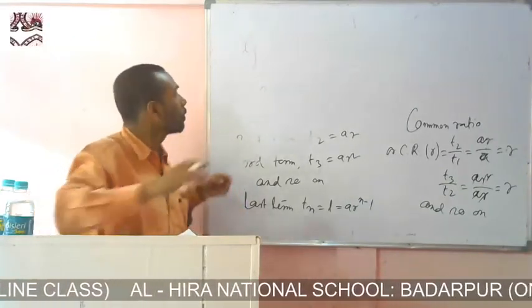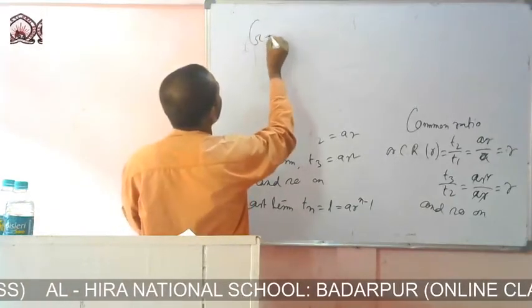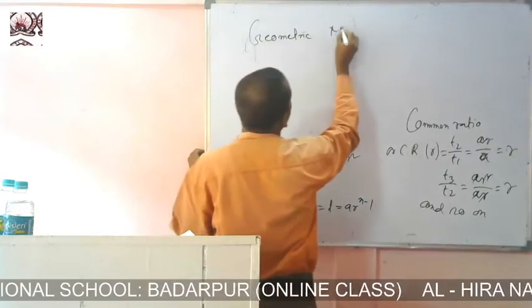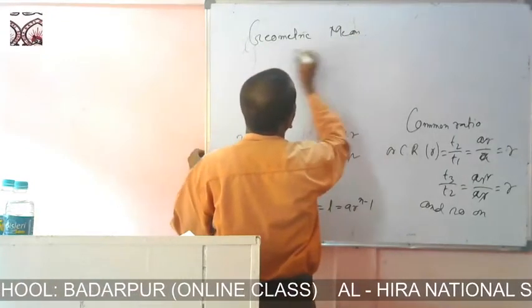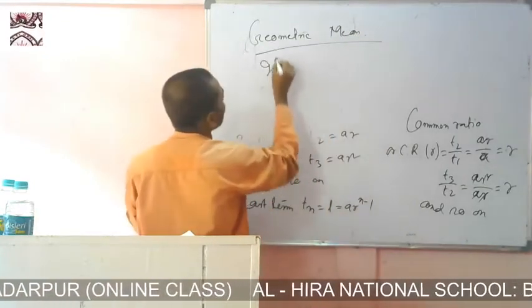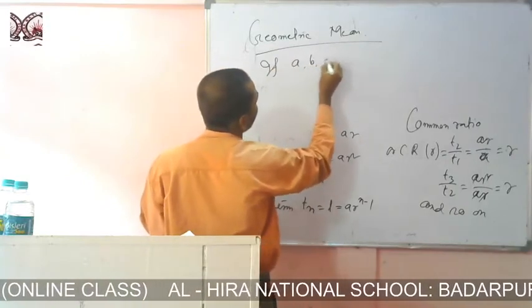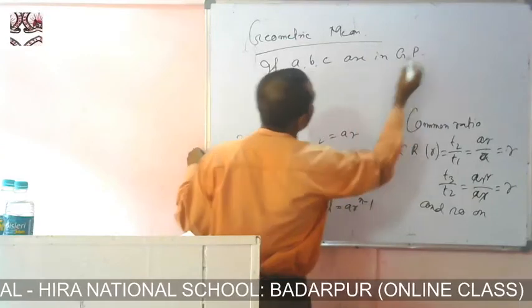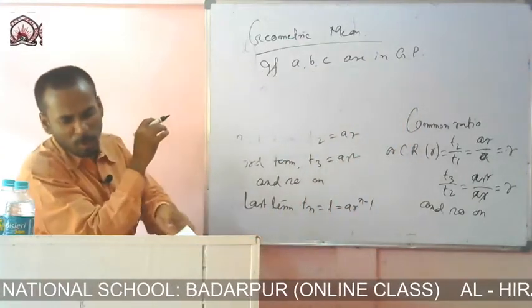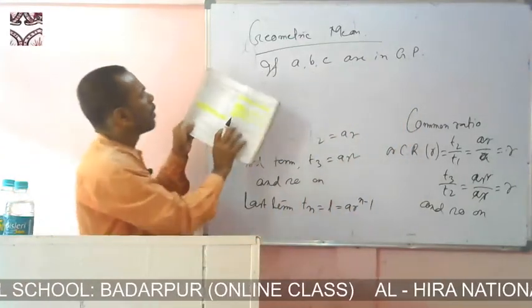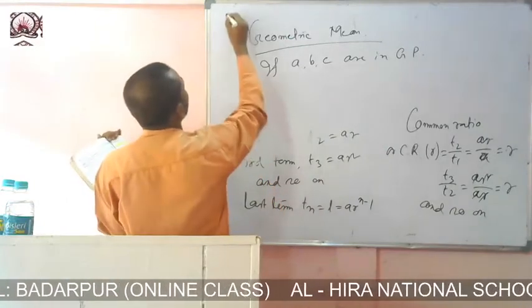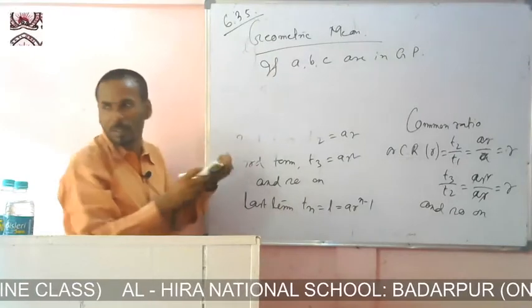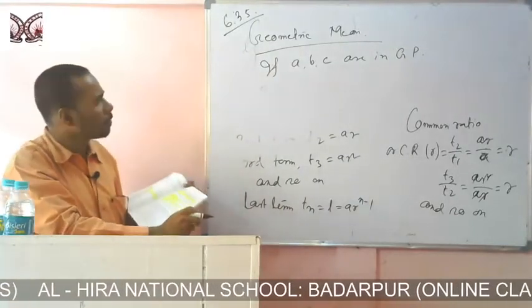Now geometric mean. If A, B, C are in geometric progression, see page number 205, 6.3.5.